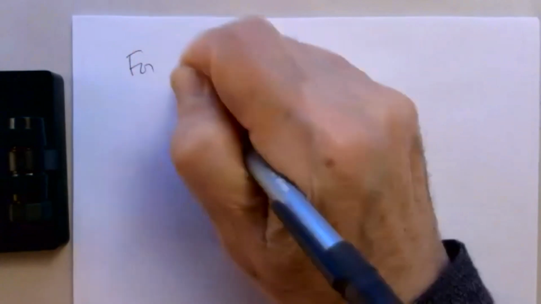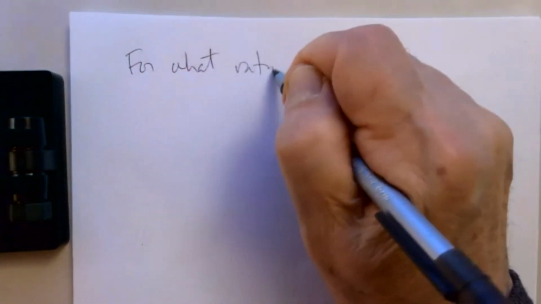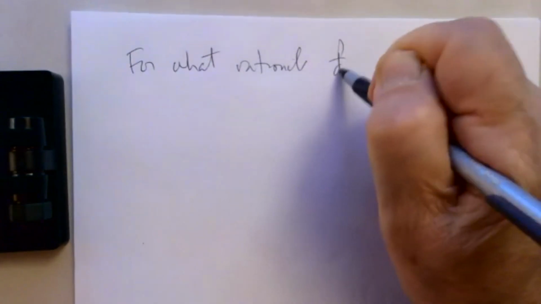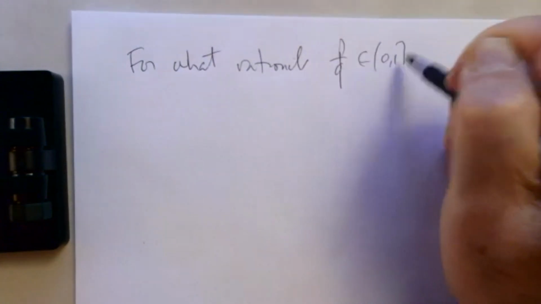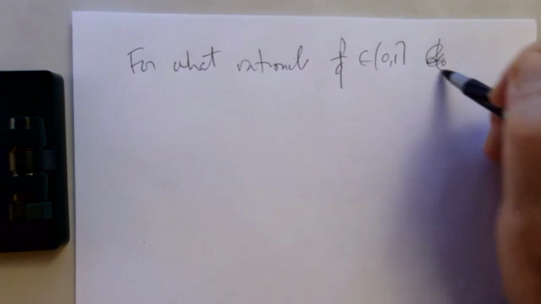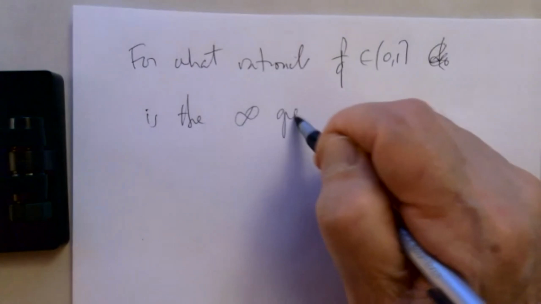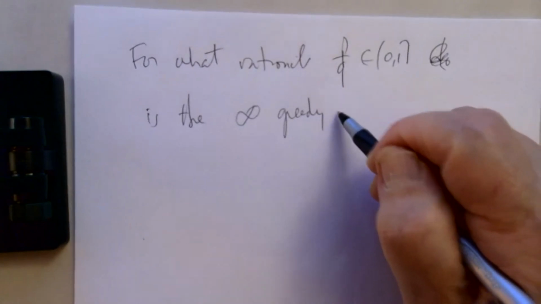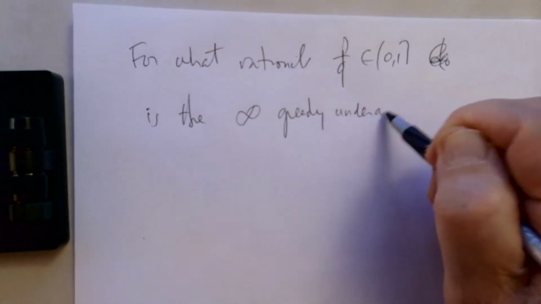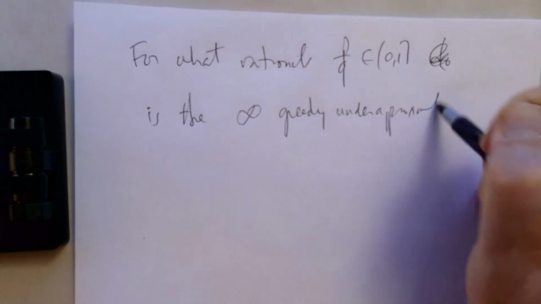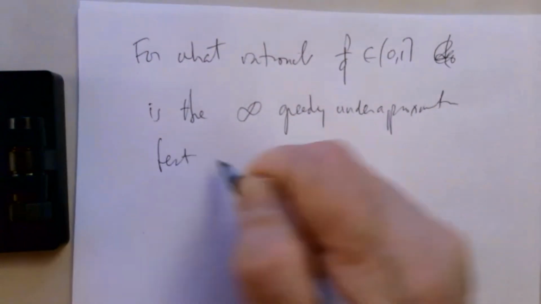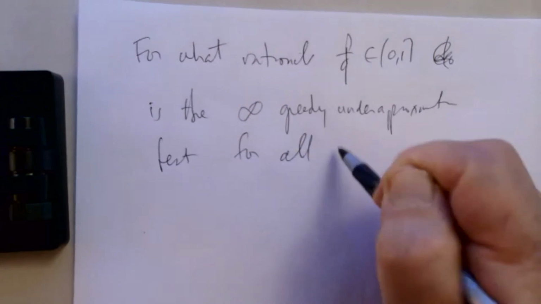So the simplest question is, for what rational numbers P over Q in (0, 1) is the infinite greedy under-approximation sequence best for all n?